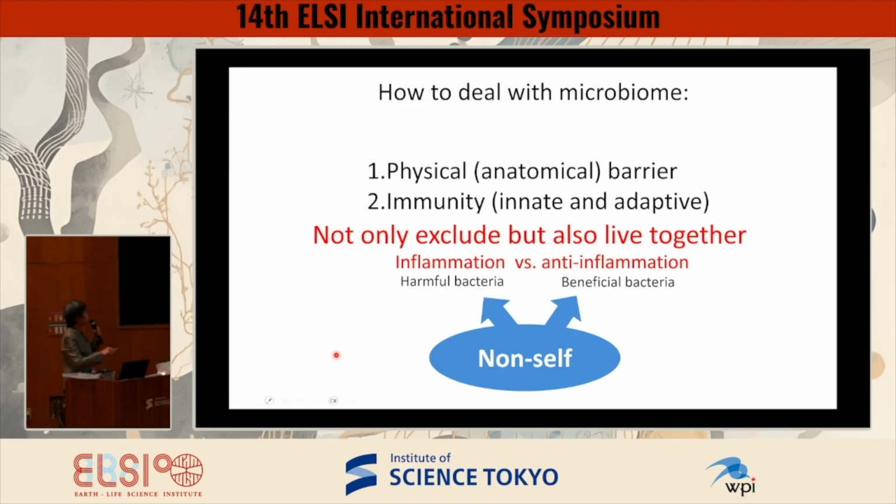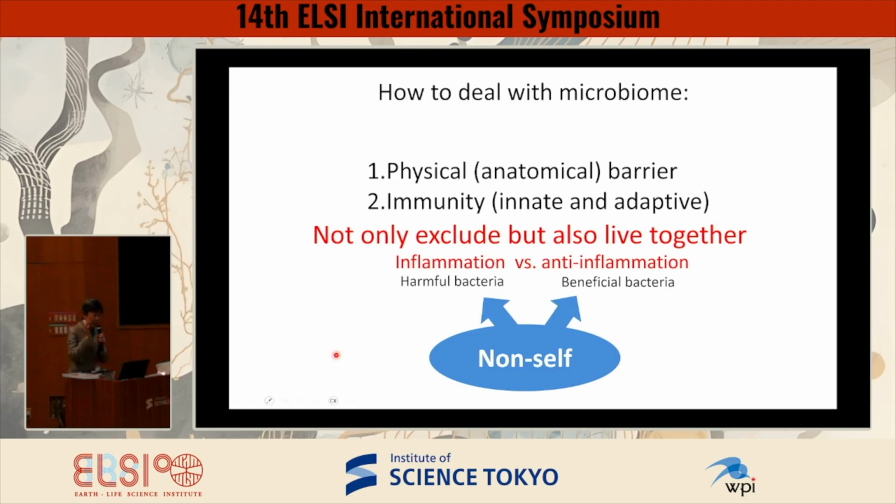For example, if the immune system is exposed to harmful bacteria, inflammation occurs. But if the immune system recognizes, oh, it's a beneficial bacteria, it doesn't cause inflammation.